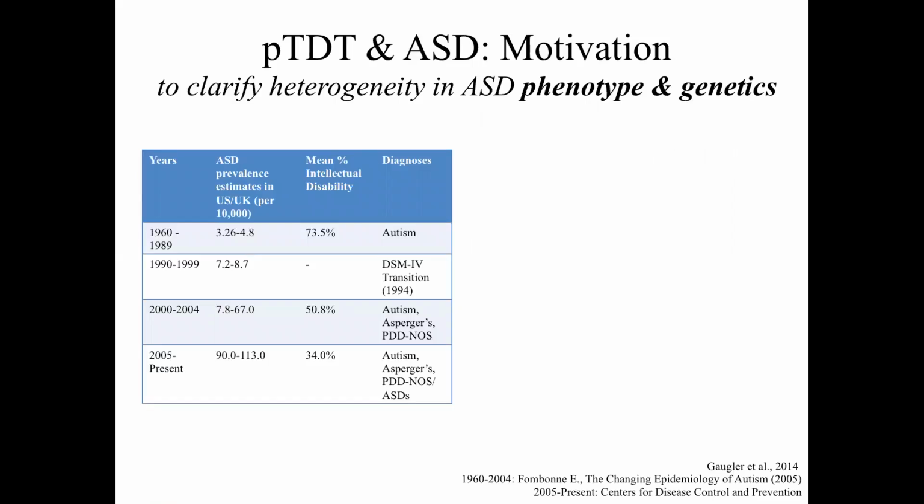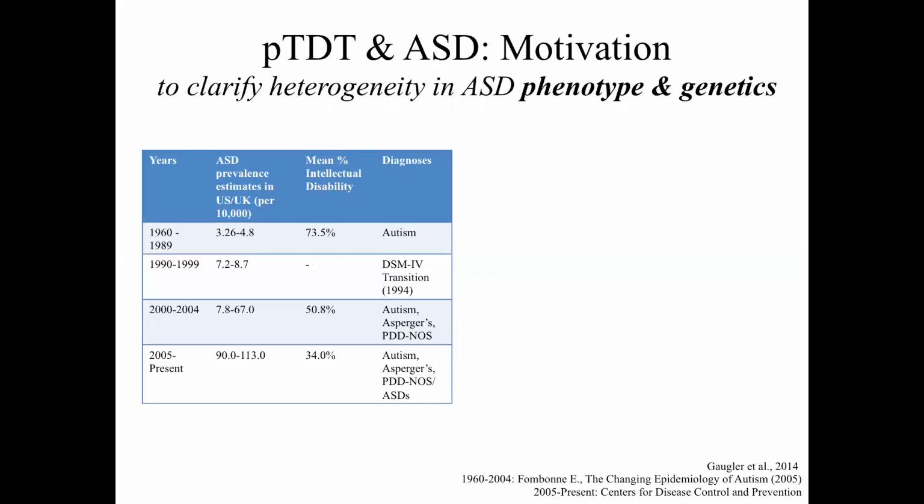So autism is a very heterogeneous diagnosis characterized by impairments in social communication and repetitive and restrictive behaviors.